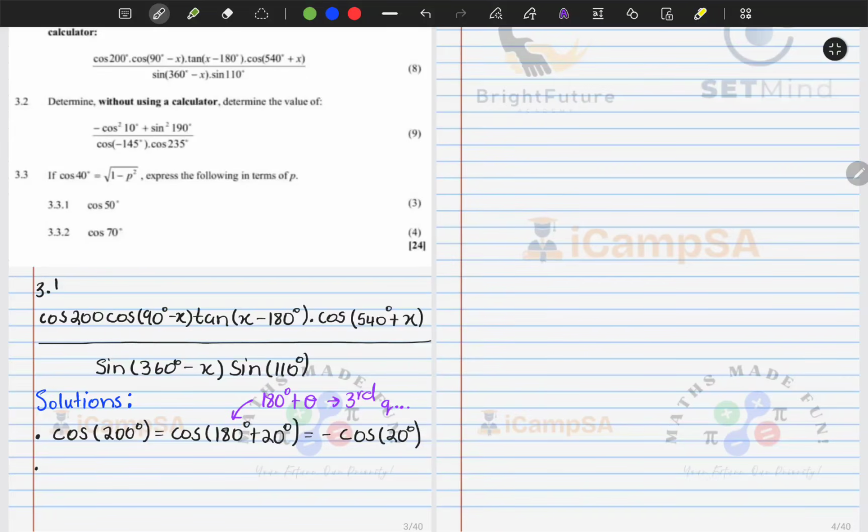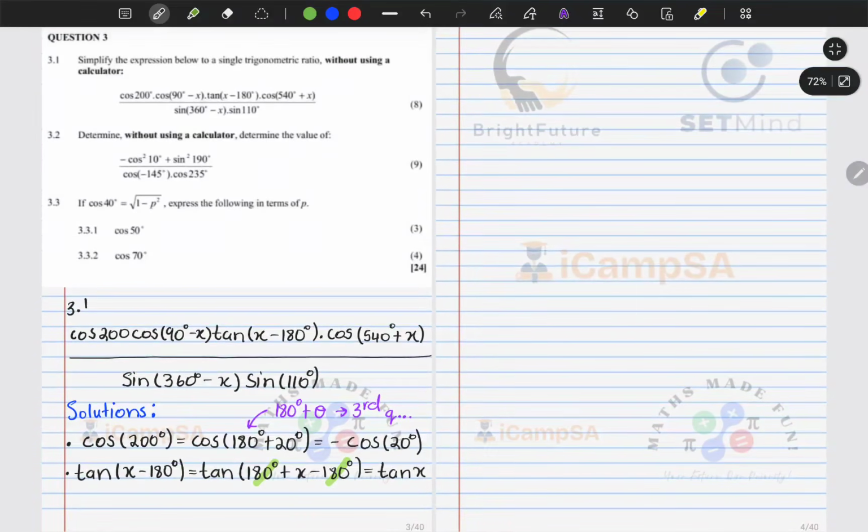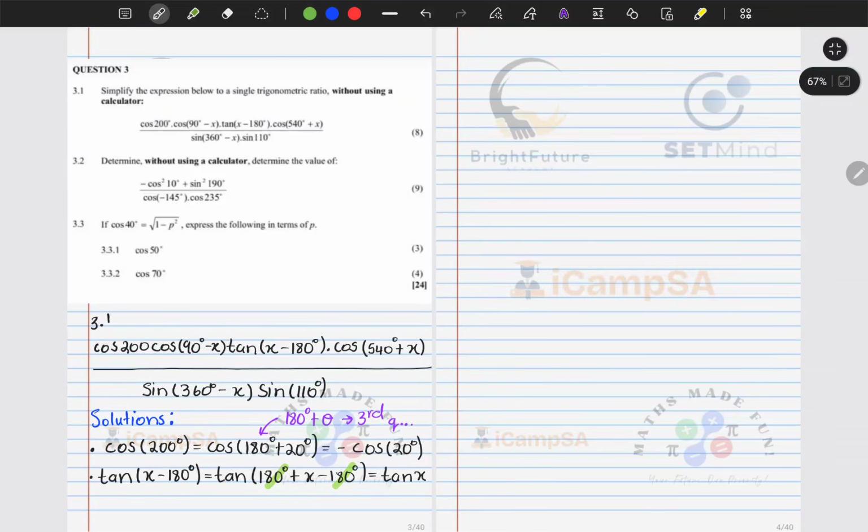Then we look at tan of x minus 180 degrees. We know that tan has a period of 180 degrees. So I can say tan of 180 degrees plus x minus 180 degrees, and you will see that this and that cancel, leaving tan of x.